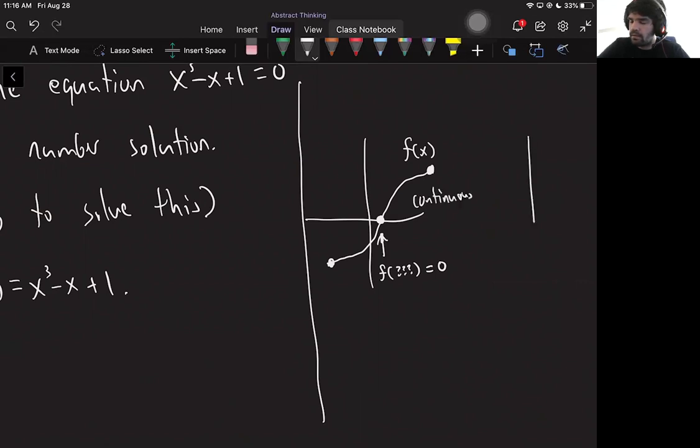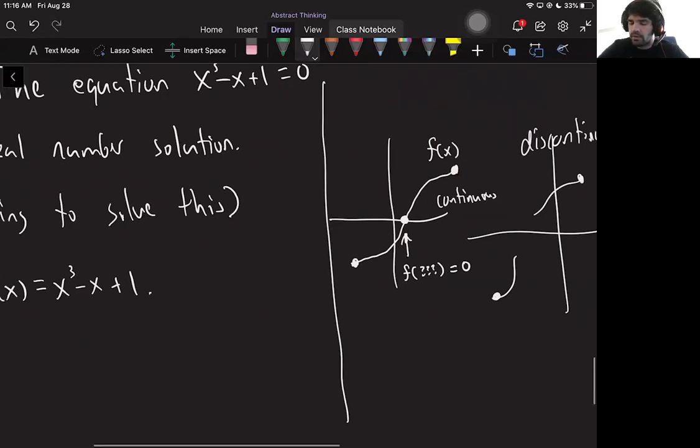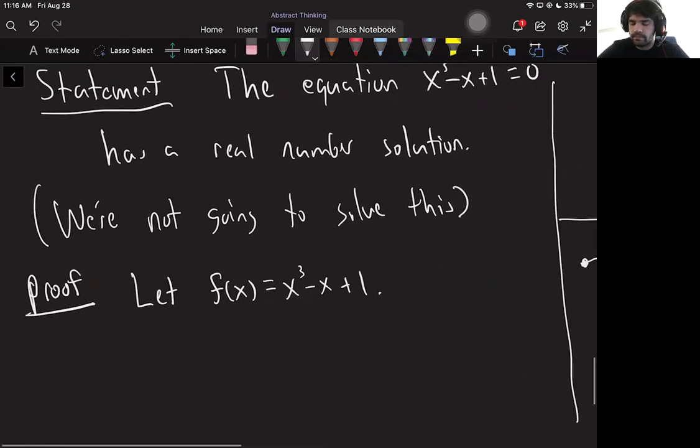This is the idea. If it jumped, then sure, it wouldn't necessarily exist, but that's not happening for continuous functions. Okay, so that's the picture I want you to imagine as we go through this proof.